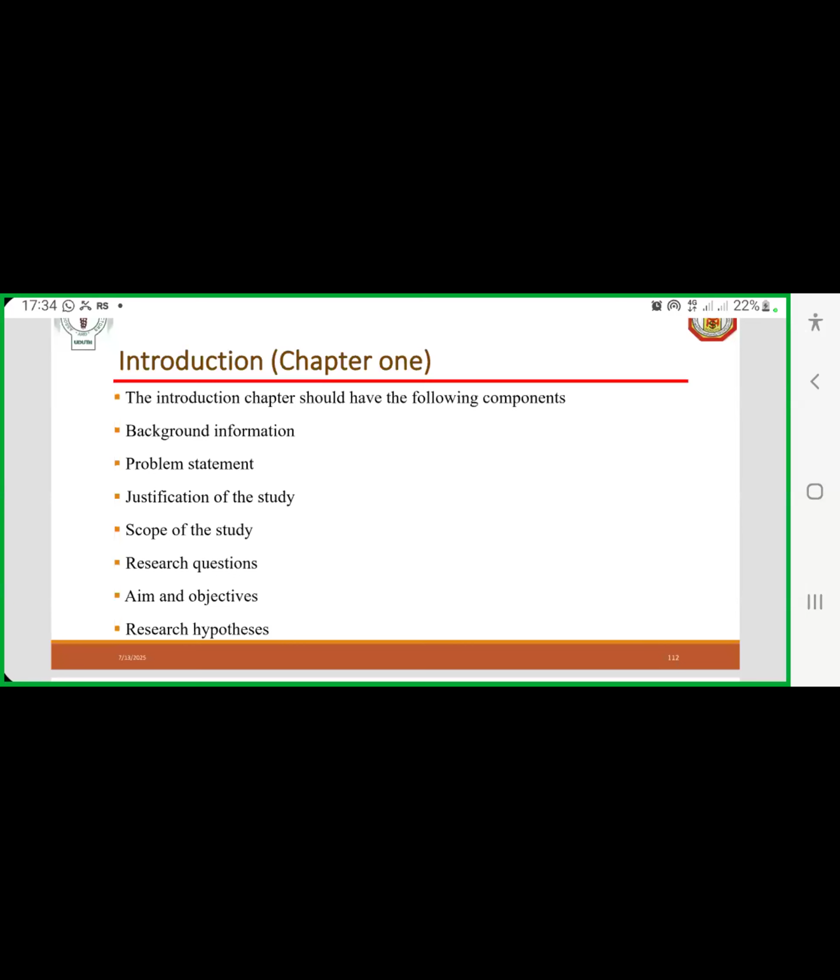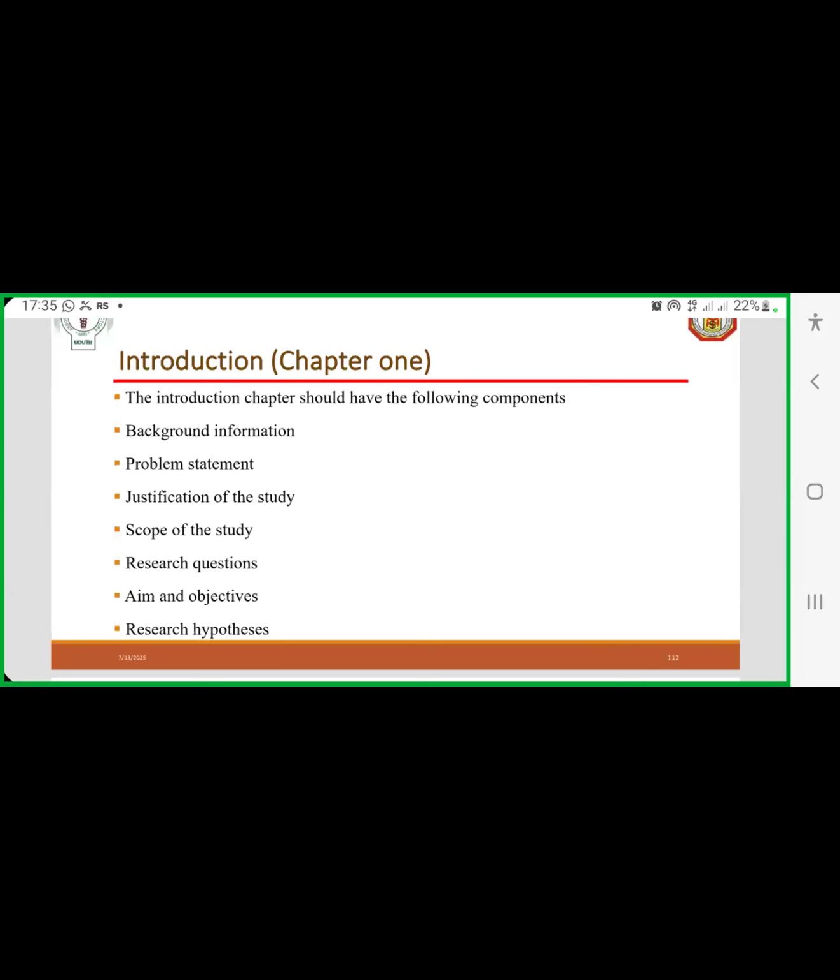Number 1, background information. It should have background information. This is information to bring about the background of your study, maybe the main topic of your research. This is where you introduce it. You introduce everything about the research.